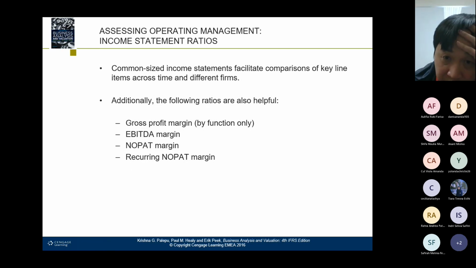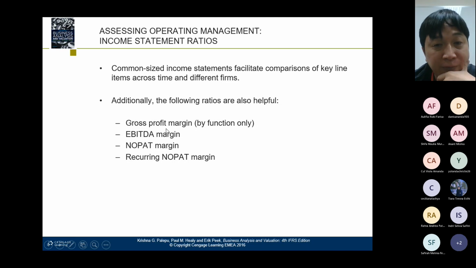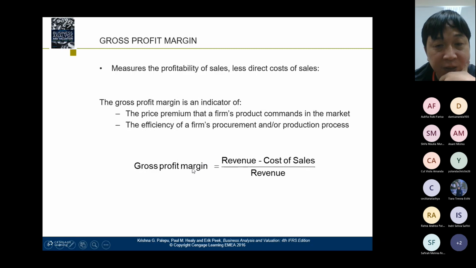The following ratios are also helpful: the gross margin, EBITDA margin, and operating margin. So gross profit margin here, that is the revenue minus cost of sales over the revenue.